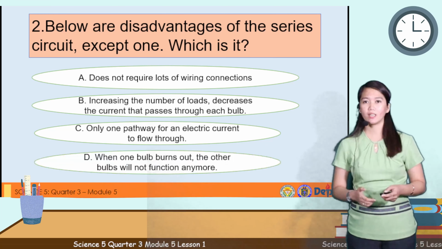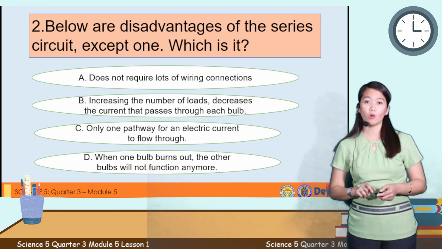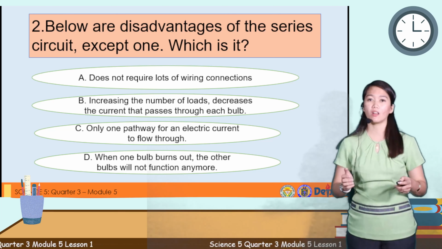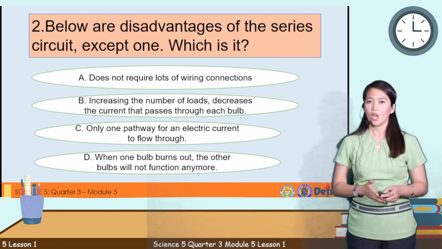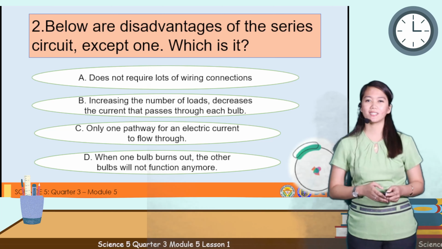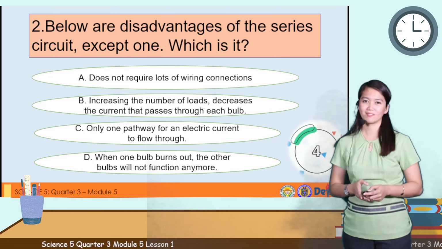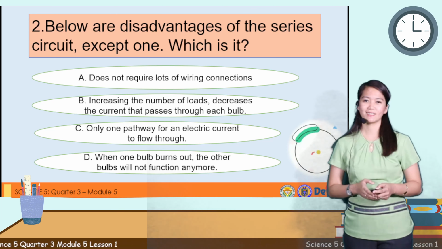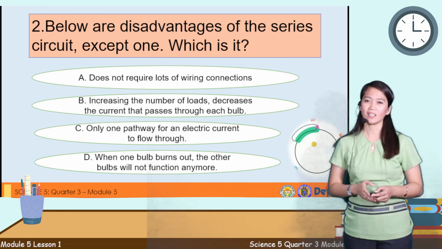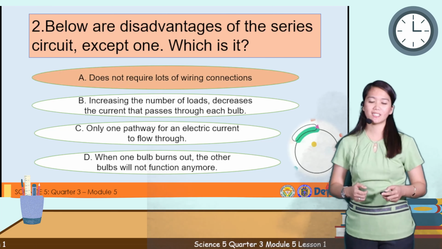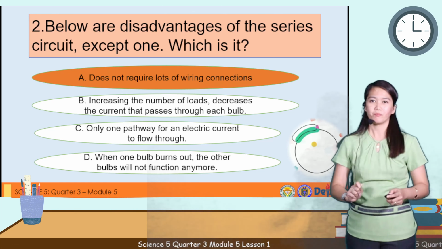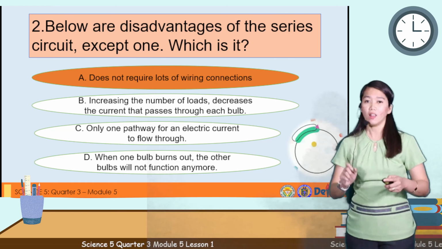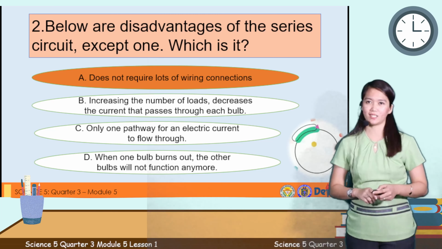And letter D. When one bulb burns out, the other bulbs will not function anymore. Your time starts now. Okay, the correct answer is letter A. It does not require lots of wiring connections.